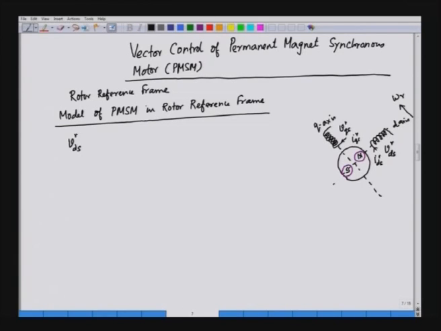VDS is equal to IDS into RD, the resistance in the D axis. This winding can have resistance that is equal to RD. This winding can have resistance that is equal to RQ, plus P psi ds, the flux linkage in the D axis stator in the rotor reference frame.